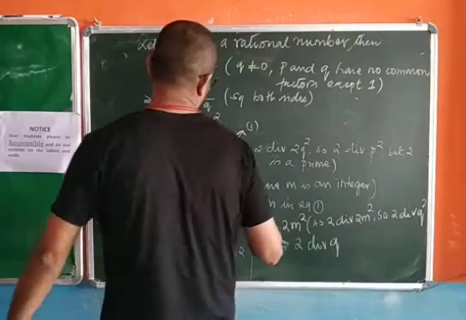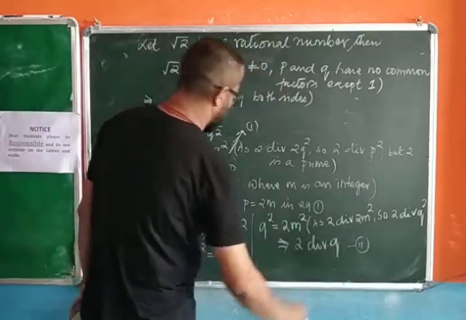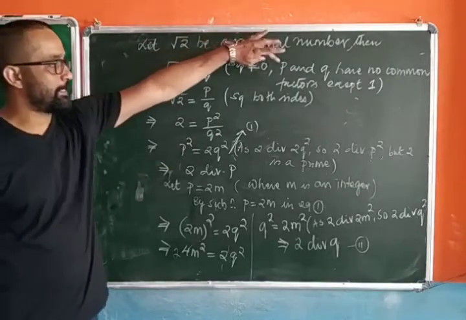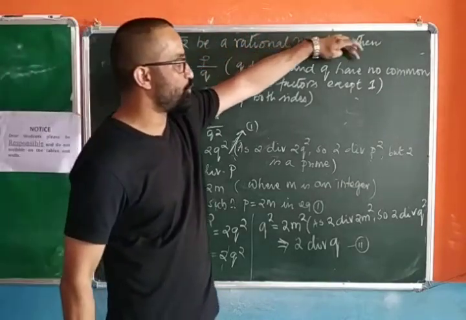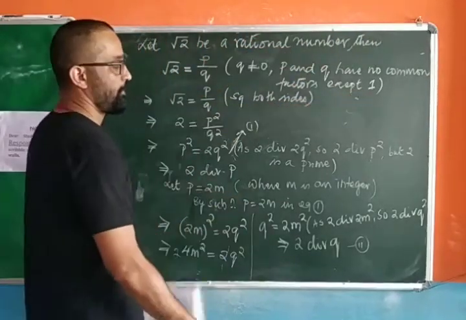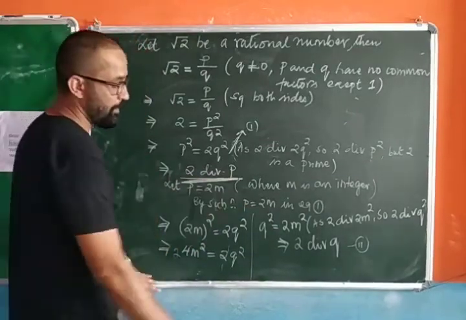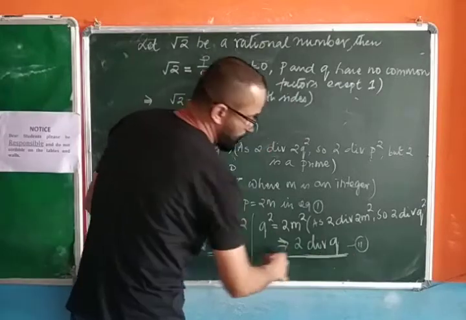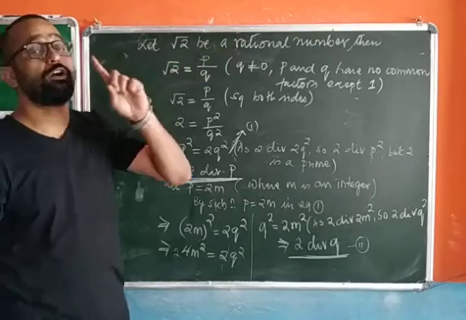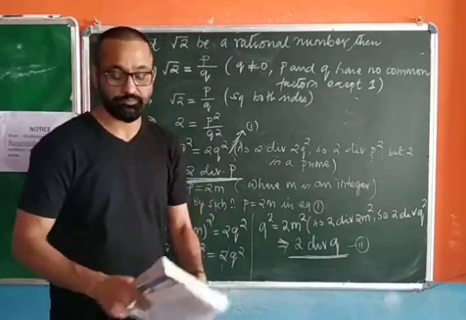Once you reach step 1 and step 2, look at the statement here: p and q have no common factors except 1. But 2 divides p and 2 divides q, which means p and q have a common factor. That common factor is 2.